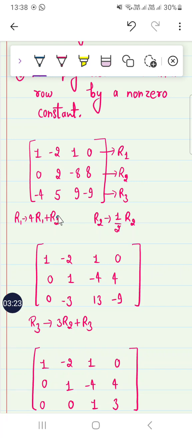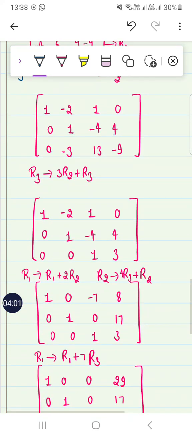And R2 goes to 1/2 of R2, then it is 0, 1, -4, 4. Now with 4 of R1, 4 plus -4 goes to 0, and it is -3, 13, -9. So R3 goes to 0, -3, 13, -9, and R2 goes to 0, 1, -4, 4.